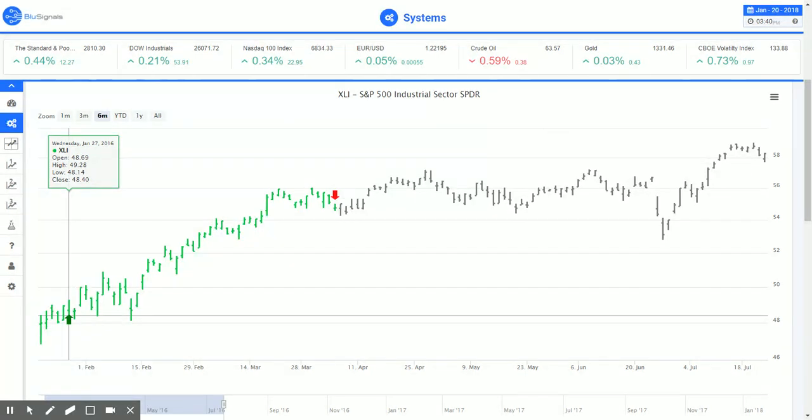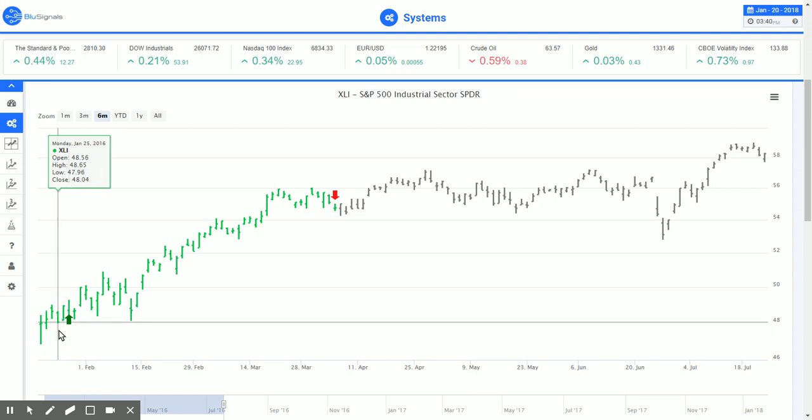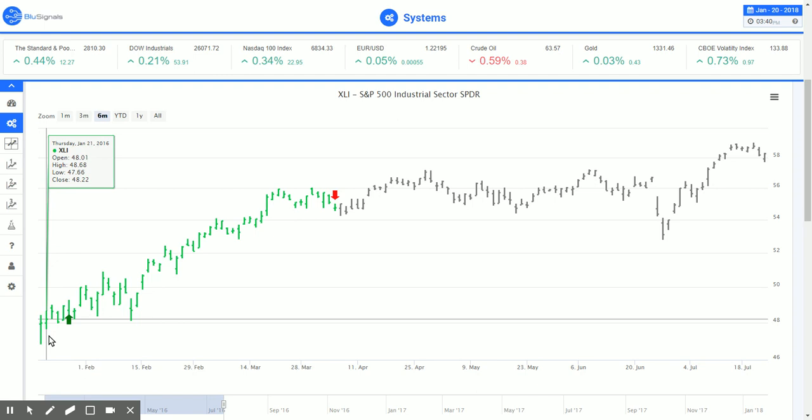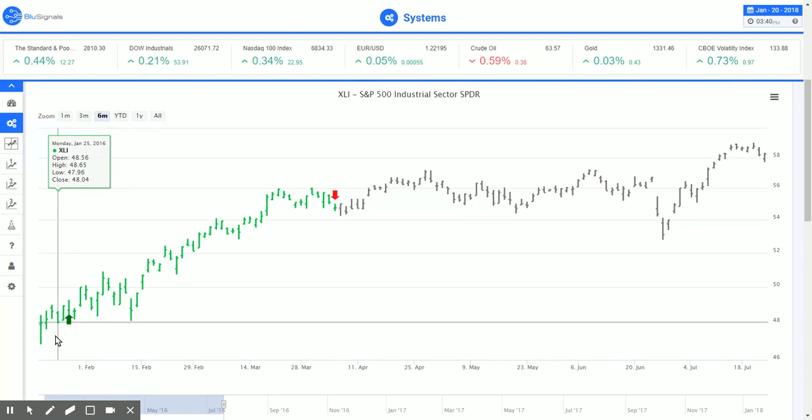The reason for that is that, as you probably have read from our help screens regarding how to operate BluQuant, there can be more than one buy signal.